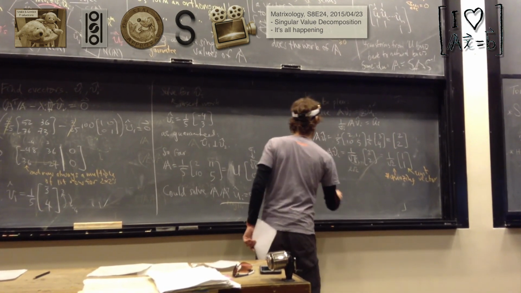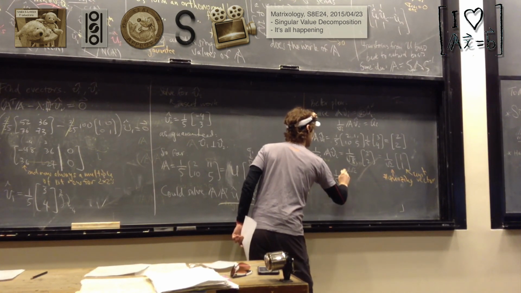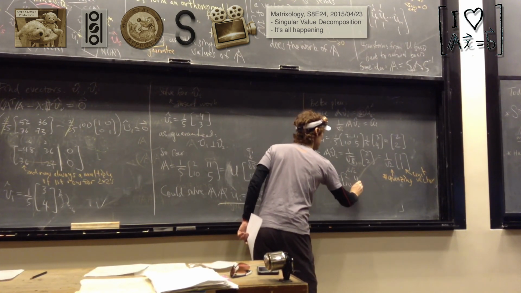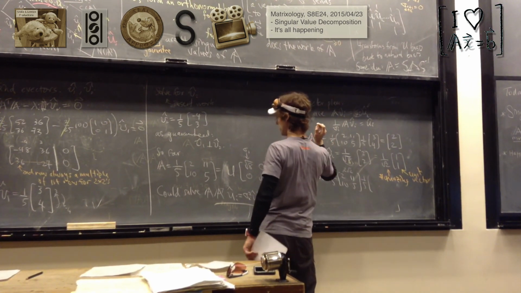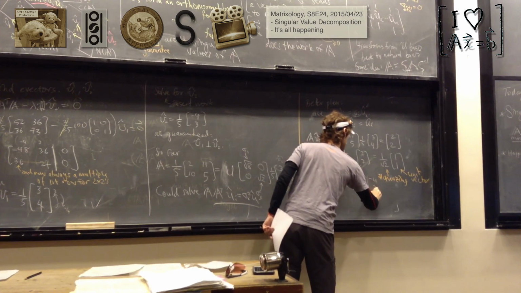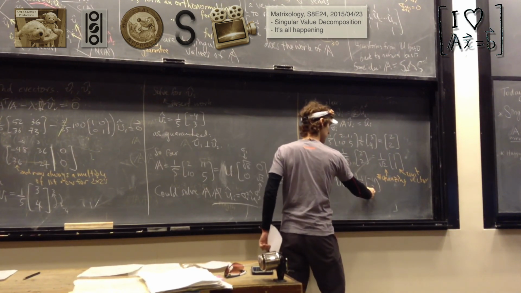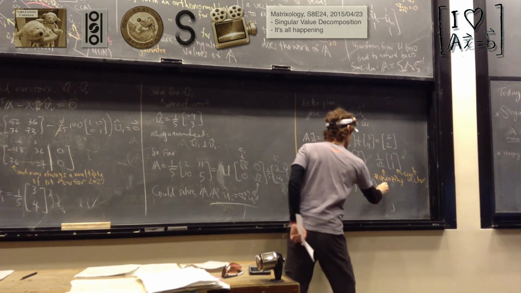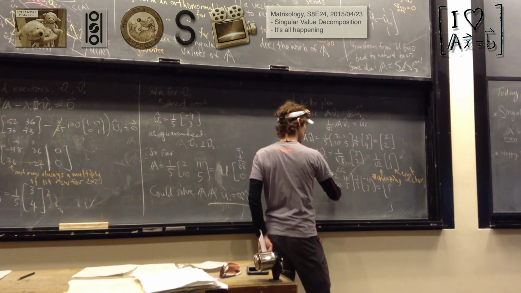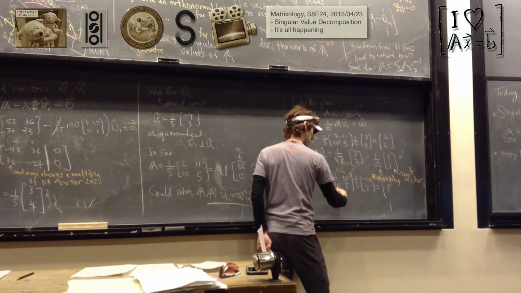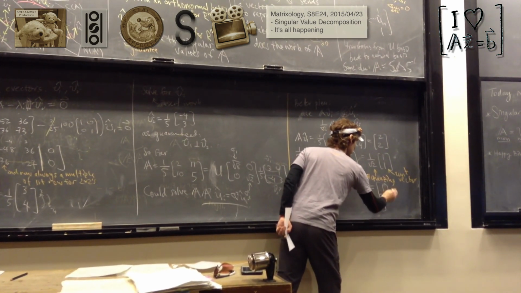And then the last one would be A times V2. Let's do it. It's 1/5, 2, 11, 10, 5, and we have a slight difference. We have 1/5, minus 4, 3. This is fun to calculate. It's minus 8 plus 33, 25. Divide that by 25, we get 1. Then minus 40 plus 15 is minus 25. Divide that by 25, we get minus 1.